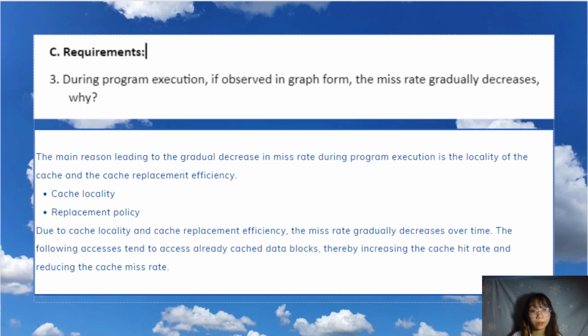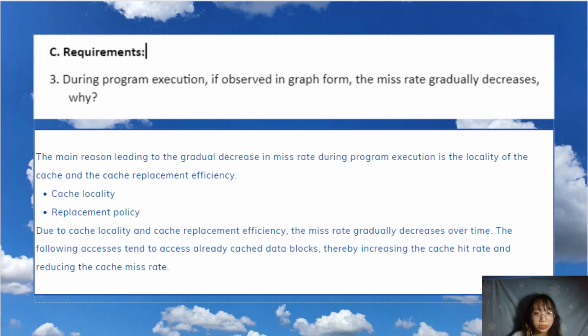During the program execution, if observed in graph form, does the miss rate gradually decrease, and why? So it's true that the miss rate gradually decreases, and the main reason leading to the gradual decrease in the miss rate during program execution is the locality of the cache and the cache replacement efficiency.